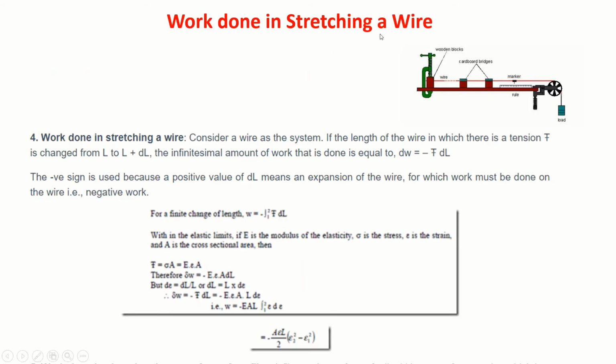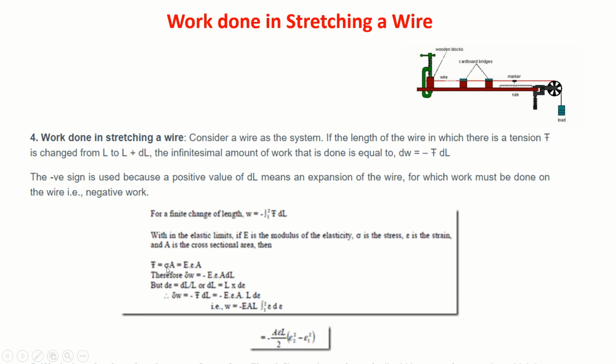Suppose what is the work done in stretching a wire? Look here, I have a wire. I'll apply weight here. I'll stretch this wire. So for such a work, again using fundamentals, force is nothing but stress into area. Force by area is stress.